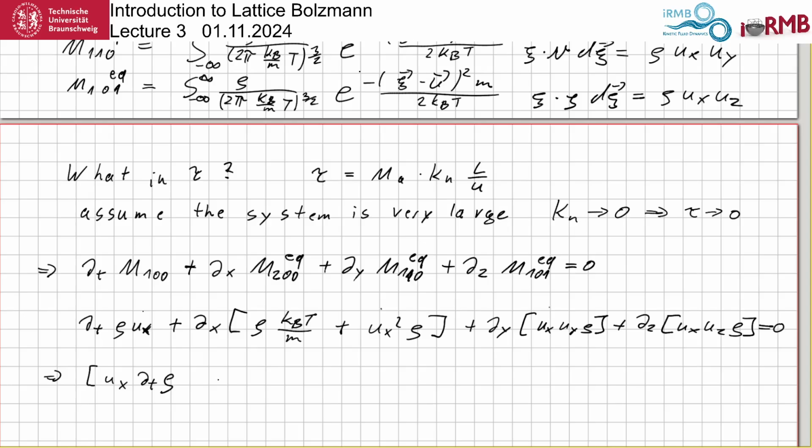So I go on with this one. We have ux dx rho ux, and somebody is already probably crying out, no, this is twice this, but we'll see the other part later.